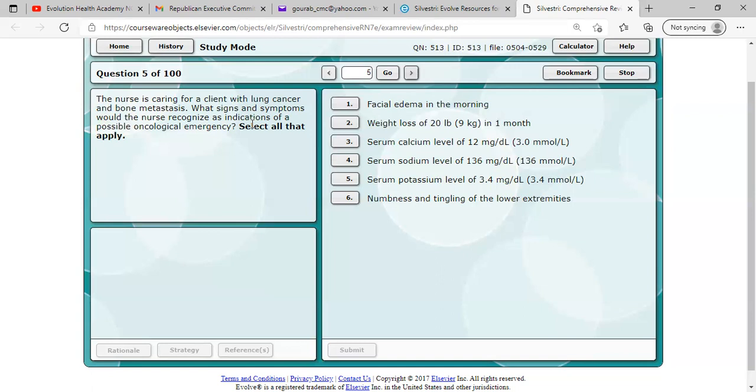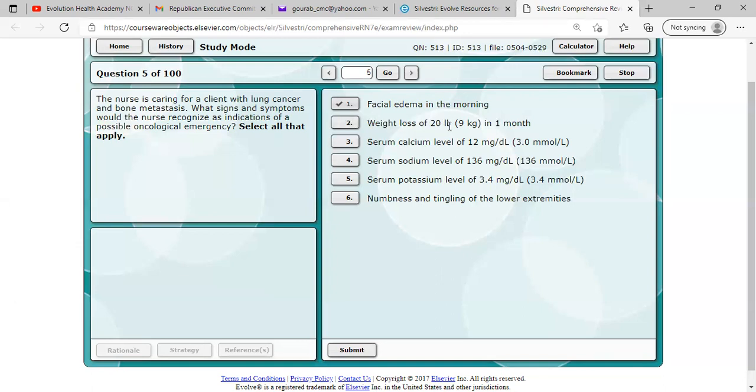In those cases, we have to call for emergencies. Select all that apply here. First of all, say facial edema in the morning. So if any cancer patient has metastasis and facial edema, it is an emergency. We call the oncologist.